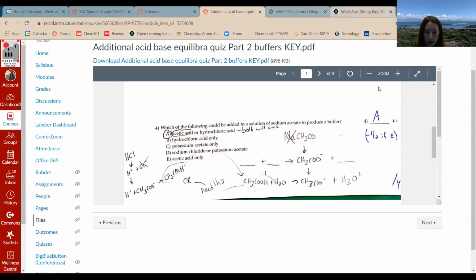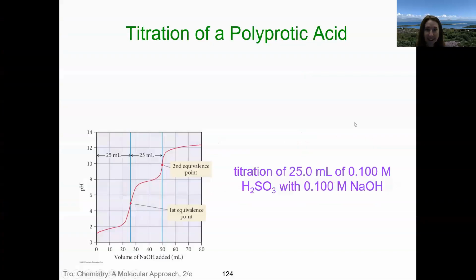Okay, so now we are going to leave titrations for even more fun. We're still going to be doing ICE tables because we're never leaving our ICE tables. Well, we will leave our ICE tables, but not right now. So what if you have a polyprotic acid?